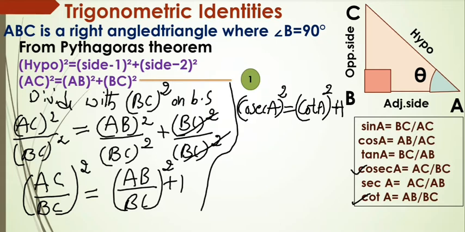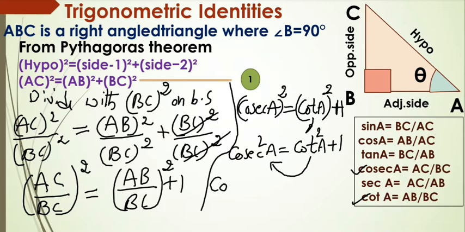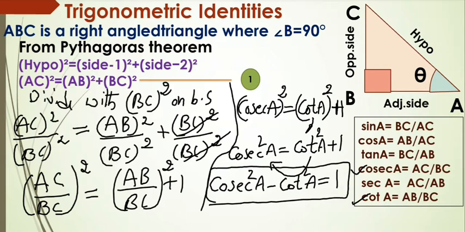This can be written as cosecant square A is equal to cot square A plus 1. Now move this cot square A to the left side, then we get the identity cosecant square A minus cot square A is equal to 1. This is the third identity. Like this, we get the three identities.